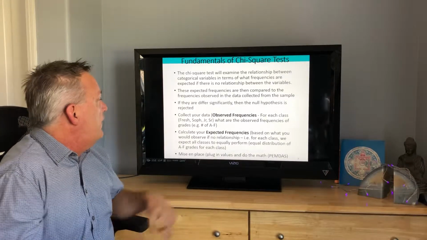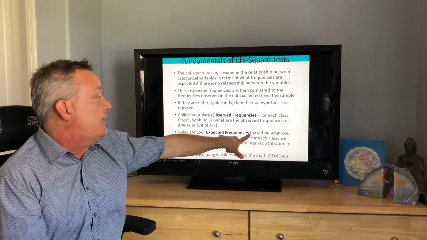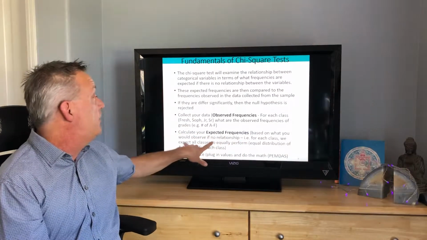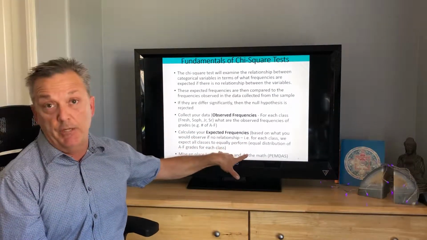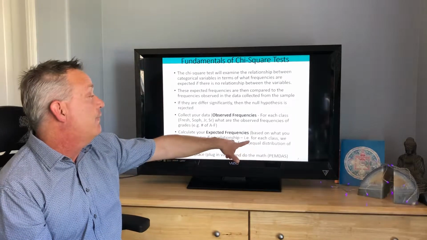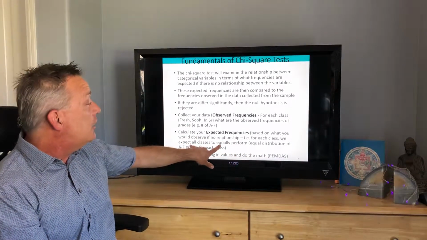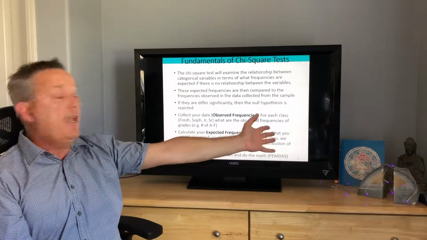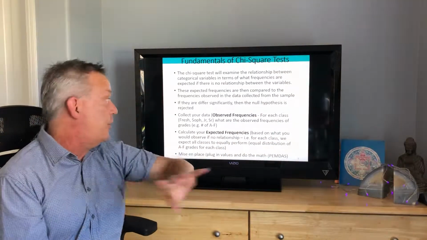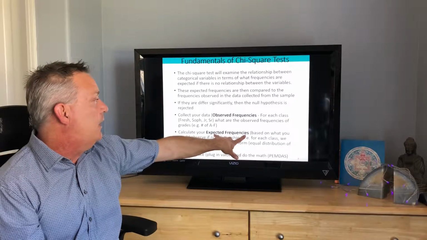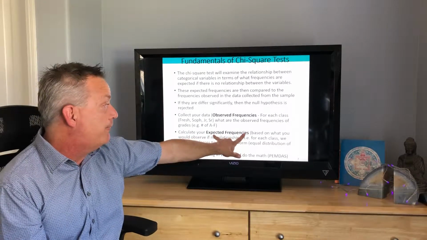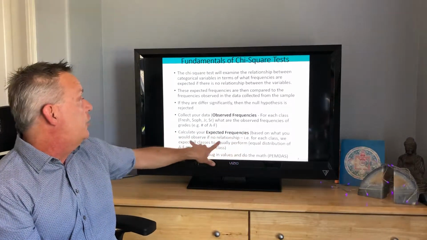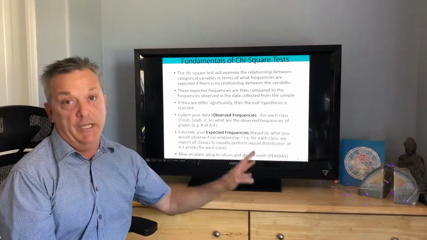You calculate your expected frequencies based on what you would observe if there's no relationship, that is, for each class, we expect all classes to perform equally. There's an equal distribution of A through F grades in the class.